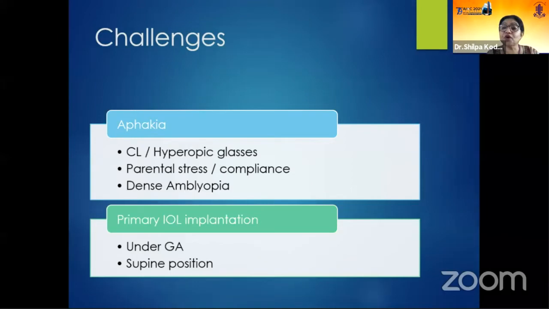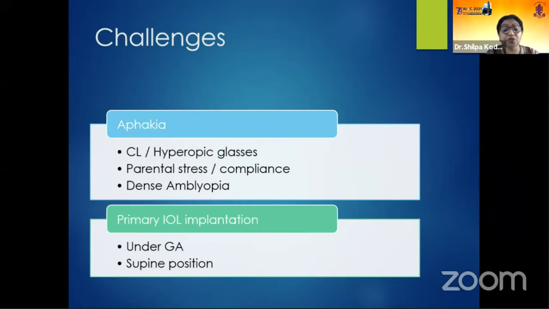But the challenge for those 2 years is that contact lens or hyperopic glasses are required to be worn, which is not easy. There is bound to be a lot of parental stress, compliance issues, and also the possibility of a dense amblyopia. So primary IOL implantation is a preferred method, and progressively nowadays people are going towards primary IOL implantation.